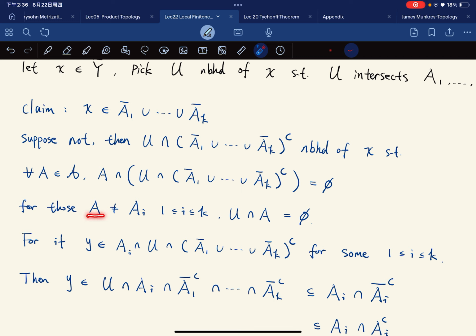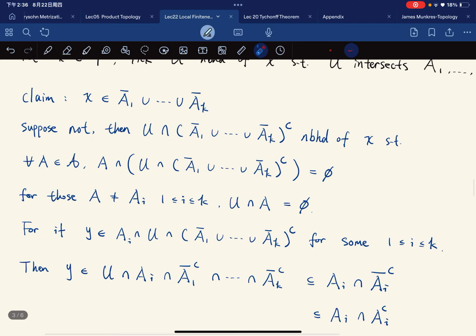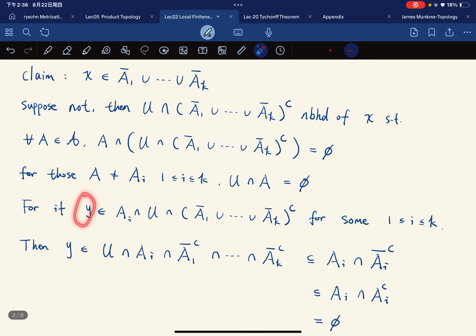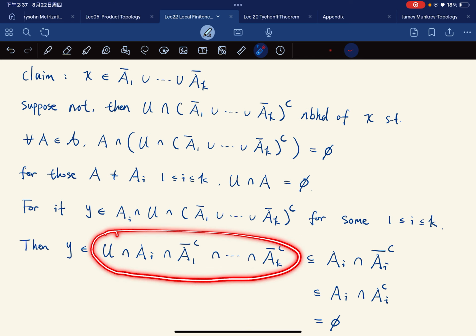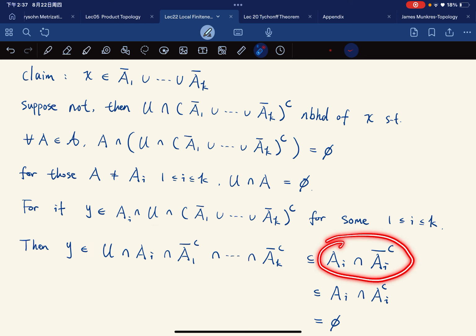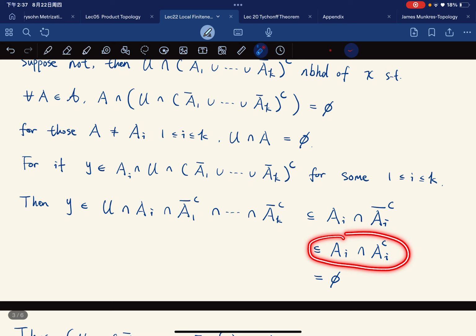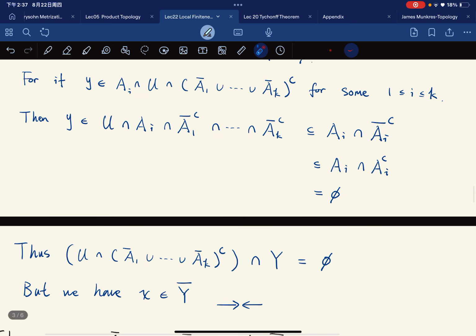For those A not equal to A_i, we already had this. But for those y, if y is in some A_i intersected with this neighborhood, for some i from 1 to k, then this is a subset of the closure, which is a subset of this, which is empty, which is a contradiction.